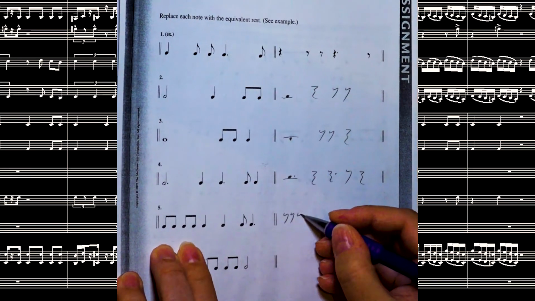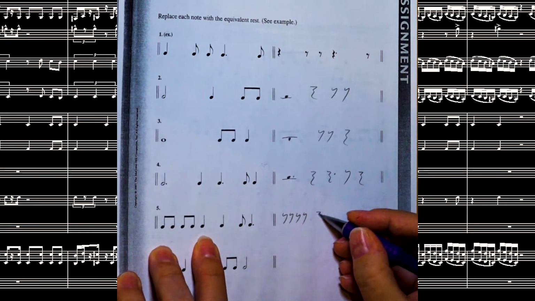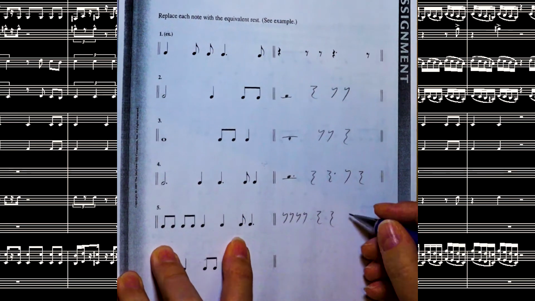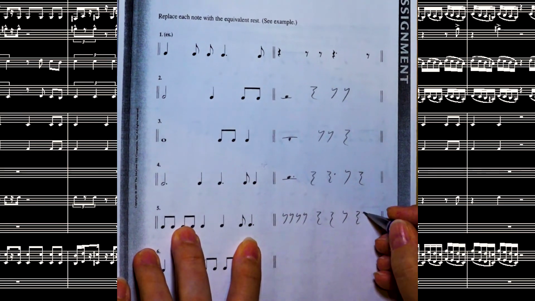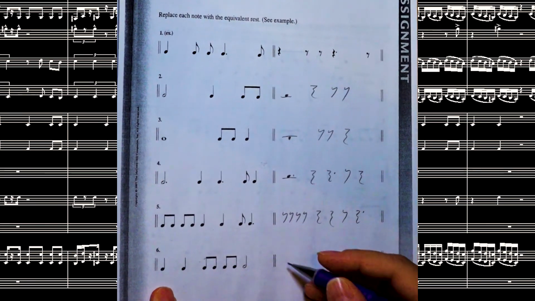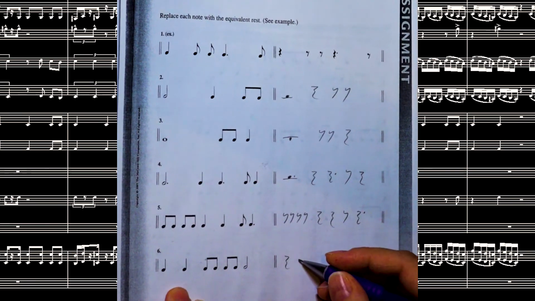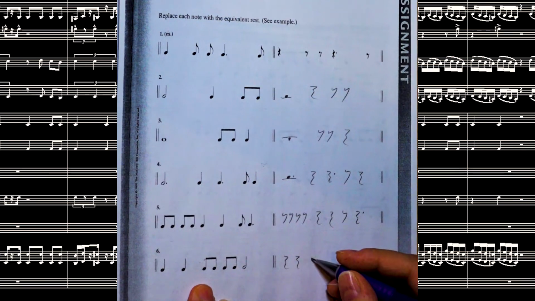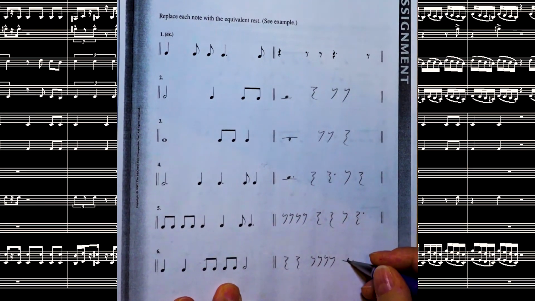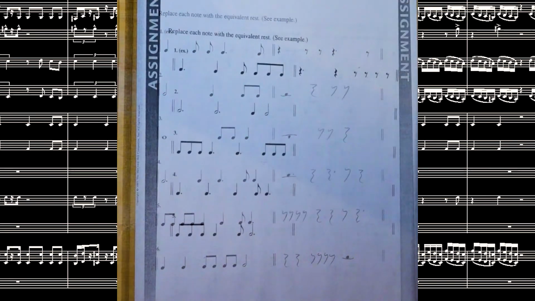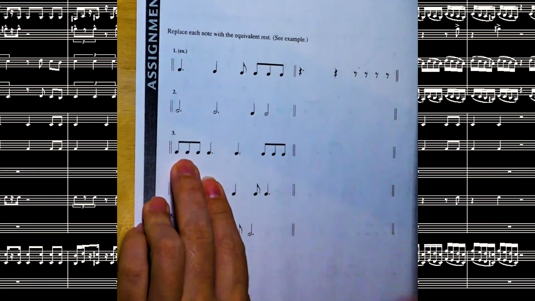Eighth rest, eighth rest, eighth rest, eighth rest, quarter rest, eighth rest, quarter rest, dot. Quarter rest, eighth rest, eighth rest, eighth rest, eighth rest, half rest. This last one, they grouped them into threes instead of twos.